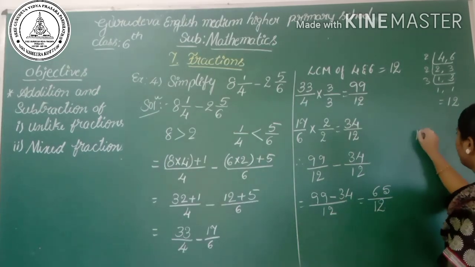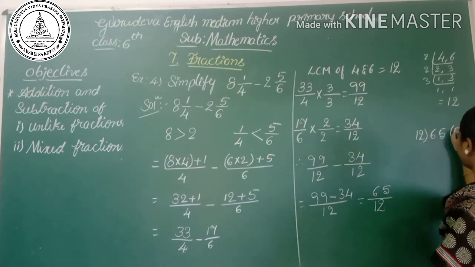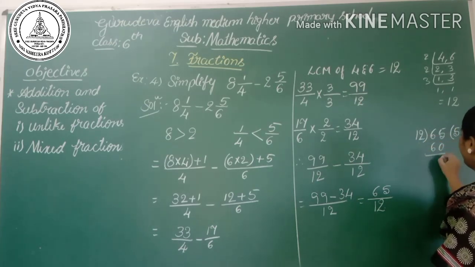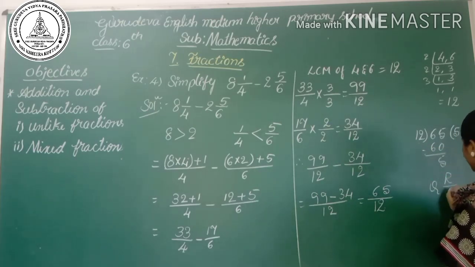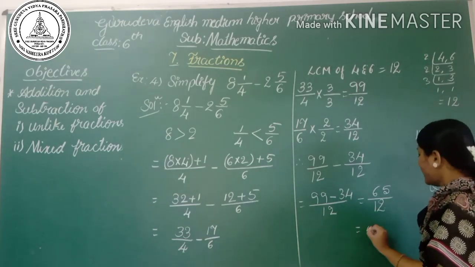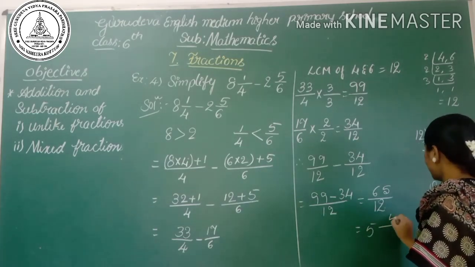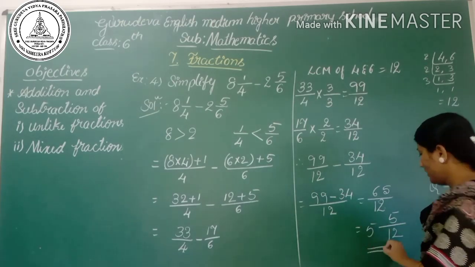Yes, divide here by 12. Okay. 12 5s are 60. Remainder is 5. So quotient whole, remainder by divisor, which is equal to, quotient is 5, remainder is also 5, and the divisor is 12.